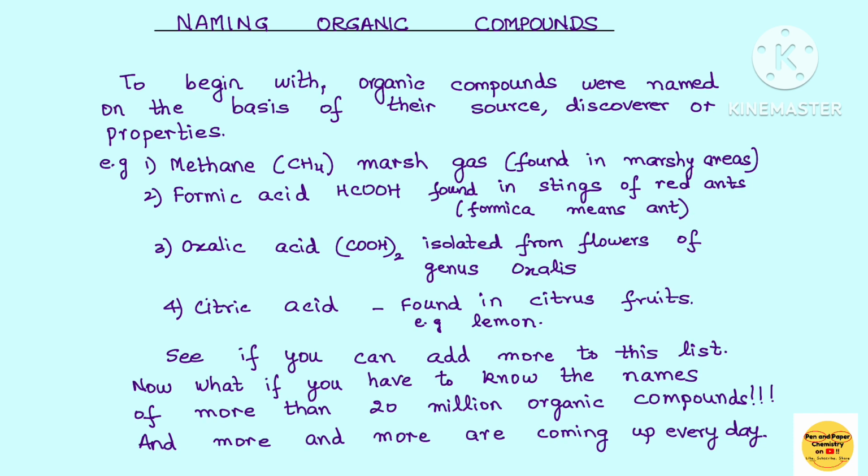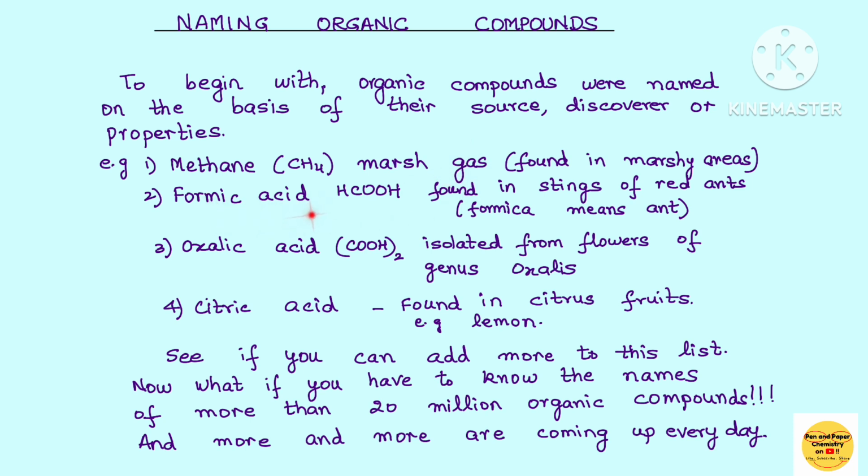When we start with naming organic compounds, first of all, we need to understand why we have a formal system of naming organic compounds. As you can see, I have listed that there were compounds which were named either according to their source, according to the person who discovered them, or based on their properties. For example, methane is found in marshy areas and was known as marsh gas.